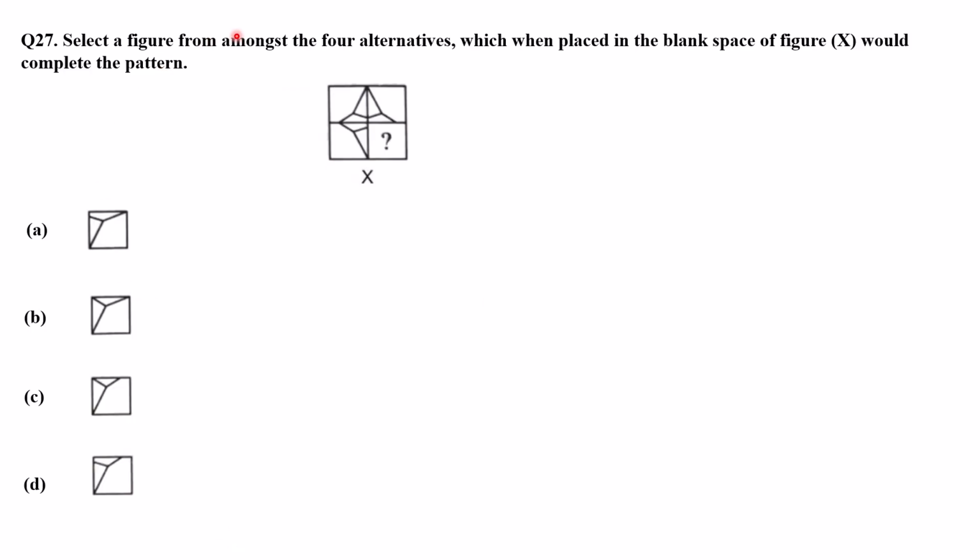Question 27 is, select a figure from amongst the four alternatives which when placed in the blank space of figure X would complete the pattern. If you see, these lines do not originate from the center, isn't it? Looking at the options, in options B and C this point is coming here.